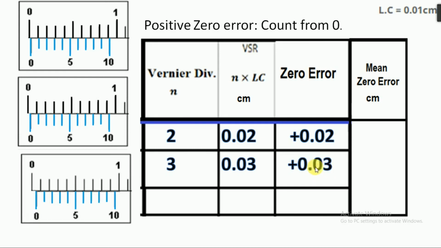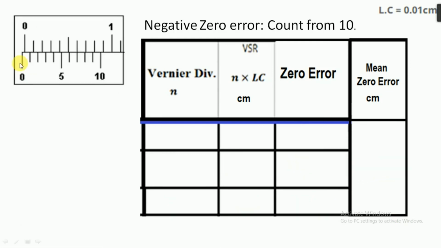And the third time again we do the same, and this time it is coming to the fifth one. So I'll write 5, and now we have got 3 errors, so we find the mean of these 3 errors. The mean of these 3 is 0.033.